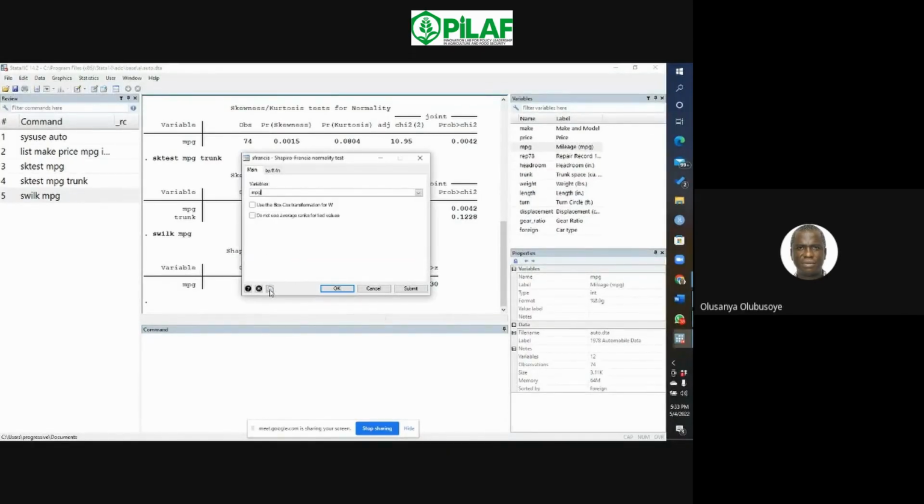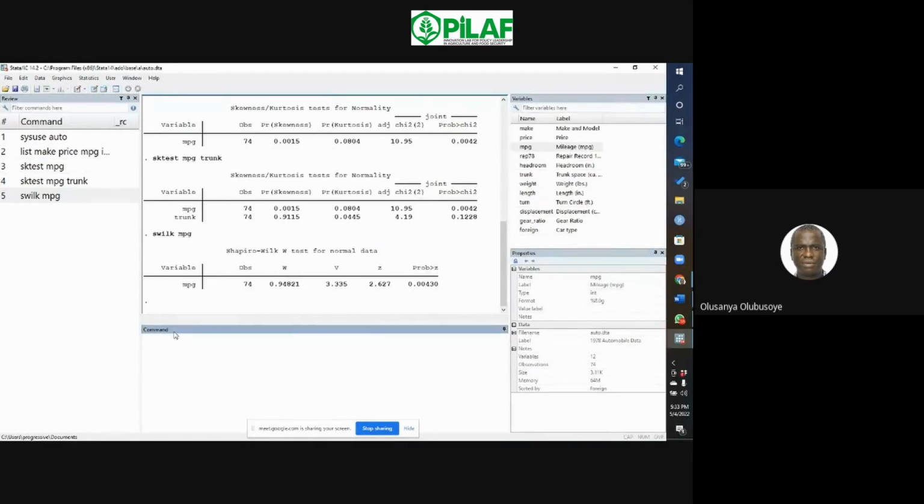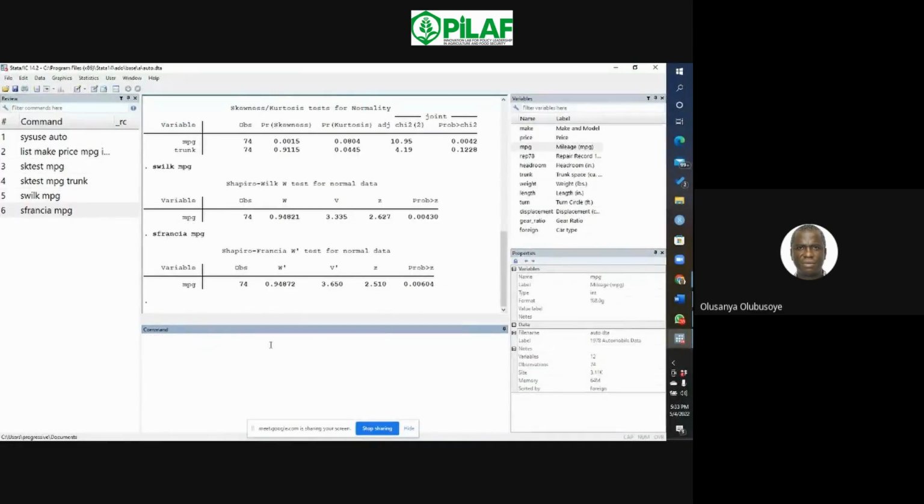Or you just simply copy and paste here. So this is the command for the Shapiro-Francia test. You will see the test also agrees that this MPG is not normally distributed, as the p-value is much smaller than the alpha value.